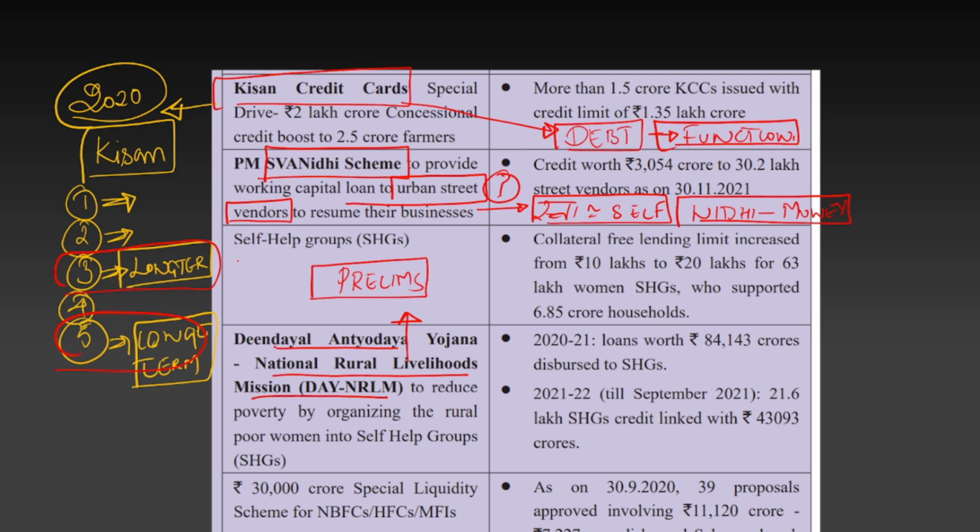They asked, in the question, that they build companies for jobs. But look at this point. It is for rural poor women into self-help groups. Correct. They are not building companies. They are giving job opportunities, livelihood opportunities in the rural area through self-help groups. This is the point you should know.